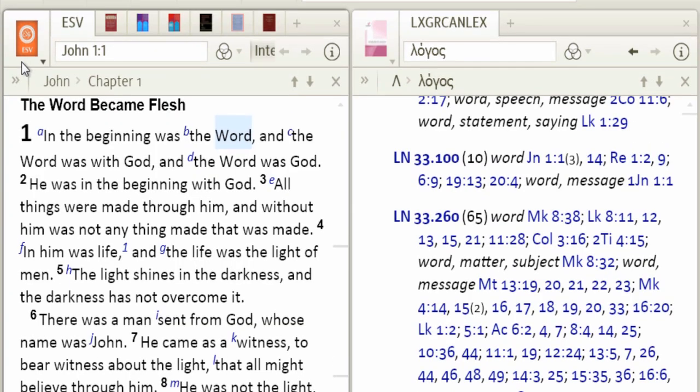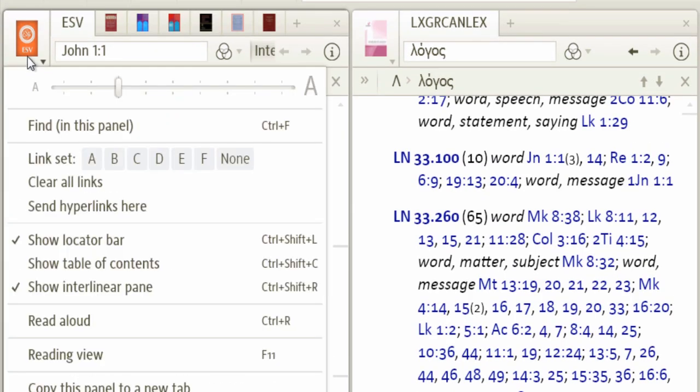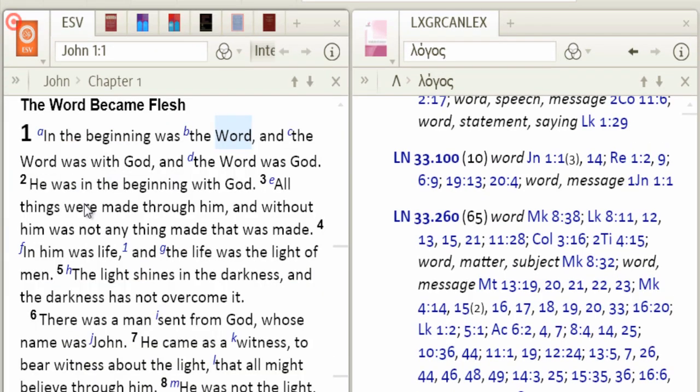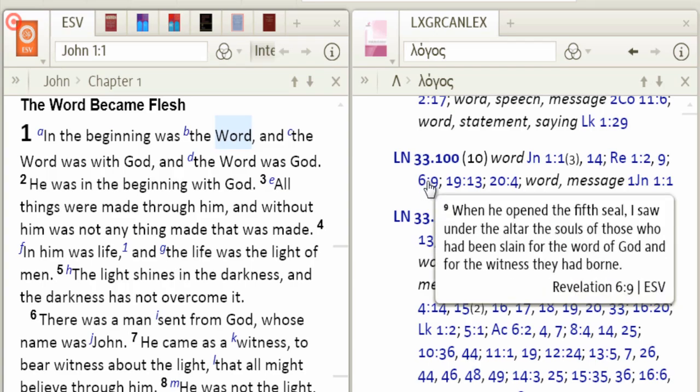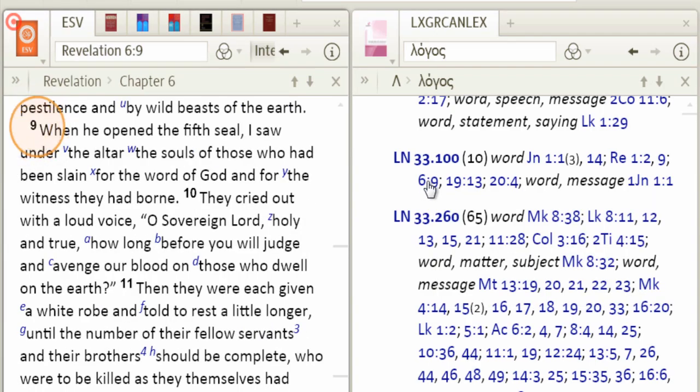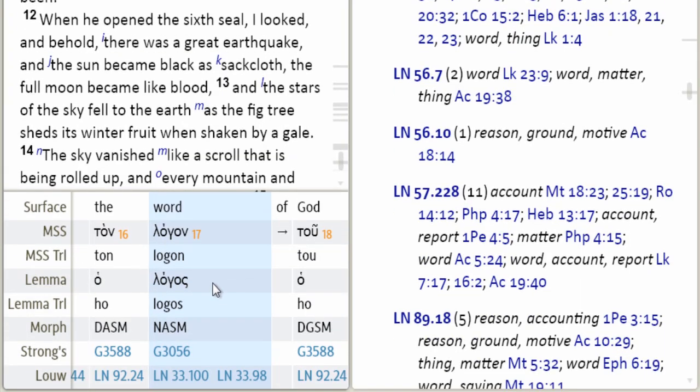I'm going to go up to this menu and send all hyperlinks here. And now I'm going to click on Revelation 6:9, and click on the English word, word, and you'll see that in the reverse interlinear pane, the underlying Greek word is logos, and it has these two senses tied to the word.